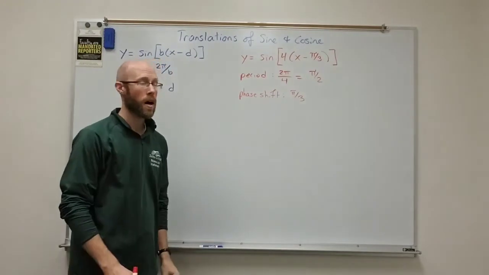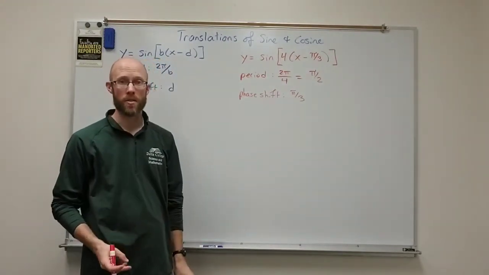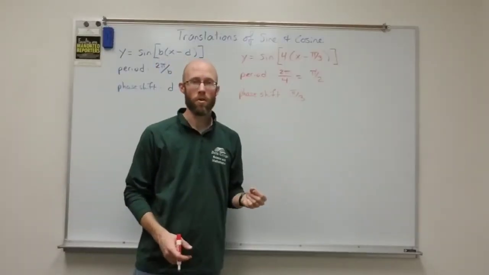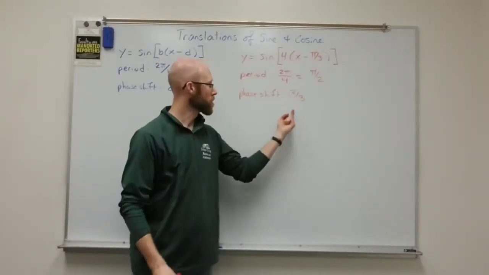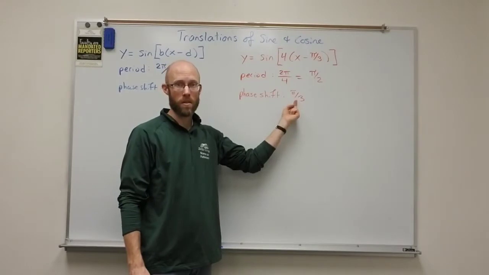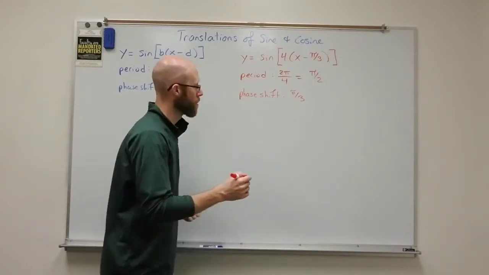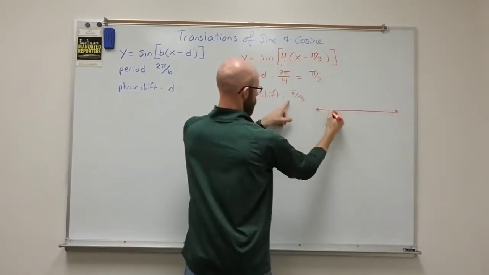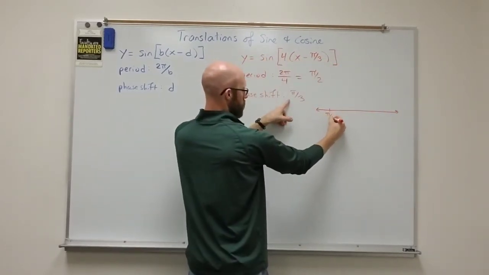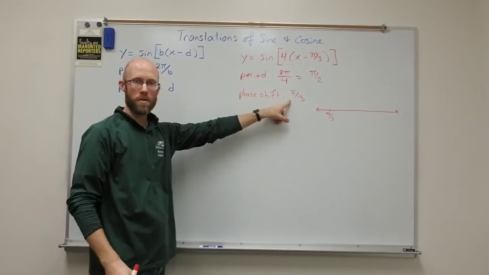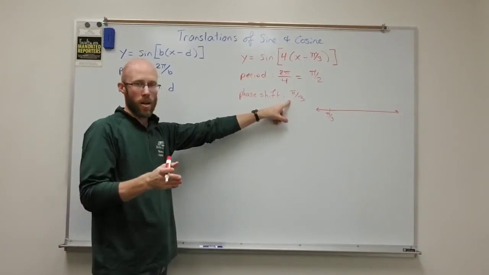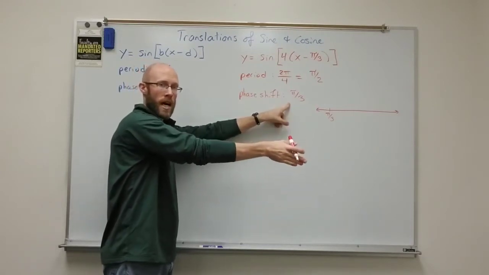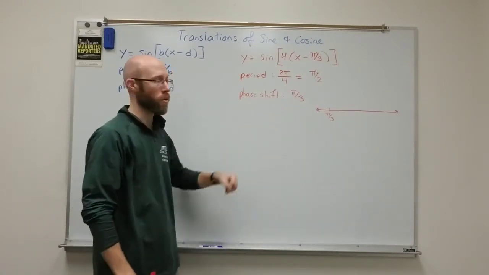My recommendation is to take the period, cut it into quarters, and add that number to the phase shift, so add it to the first point. If you imagine a number line, you start at the phase shift, then add a quarter of the period, and you do that 4 times, you'll get the other 4 key points.